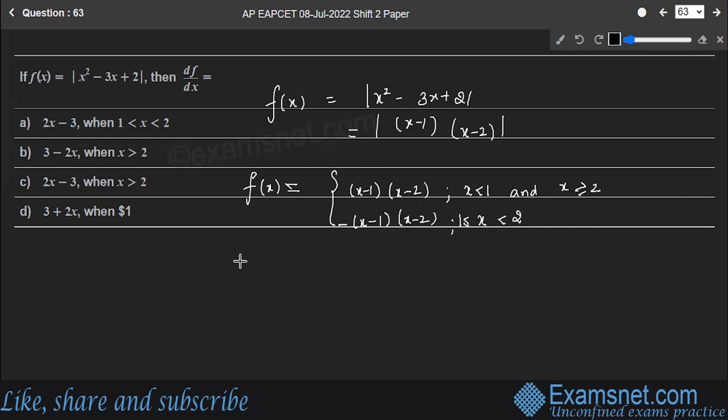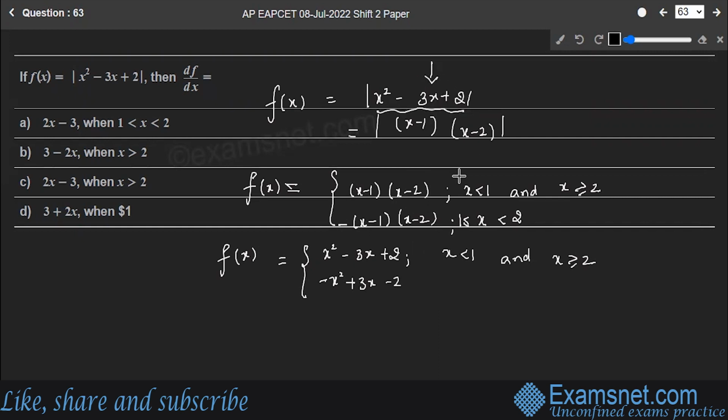So that means simply you have this function f of x is equal to x squared minus 3x plus 2 if x is less than 1 and greater than or equal to 2, and minus x squared plus 3x minus 2. See, what I'm doing is nothing but taking the negative of this whole expression when x lies between 1 and 2. Hope this is clear, right?